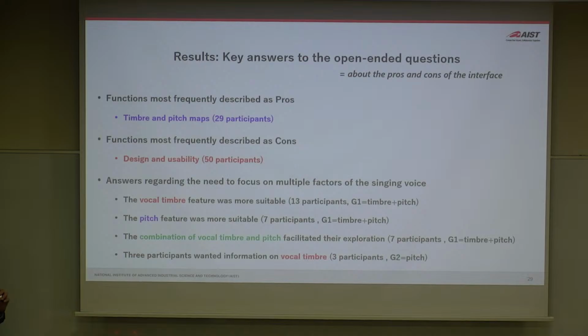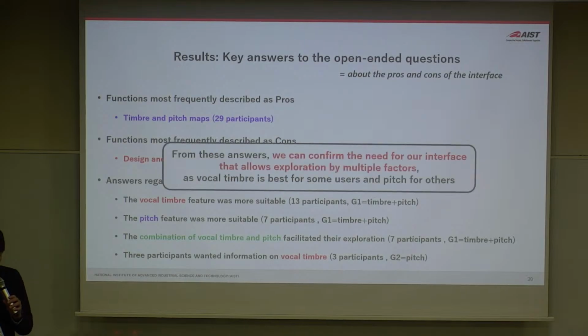Regarding the need to focus on multiple factors of the singing voice, the vocal timbre feature was more suitable for 13 participants in group 1, and the pitch feature was more suitable for 7 participants in group 1. The combination of vocal timbre and pitch facilitated exploration for 7 participants. 3 participants in group 2 wanted information on vocal timbre.